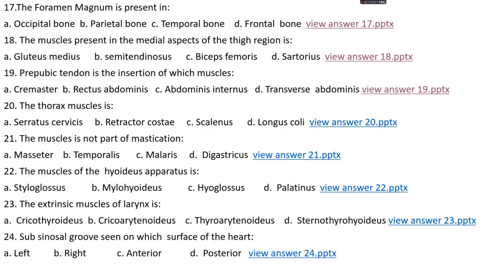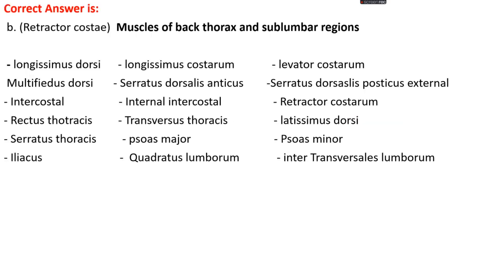Question number 20. The thorax muscle is: option A, serratus cervicis; option B, retractor costae; option C, scalenus; option D, longus colli. The right answer is retractor costae.